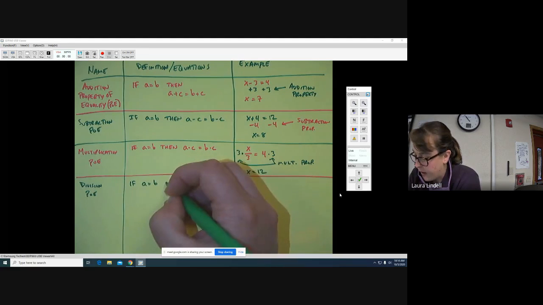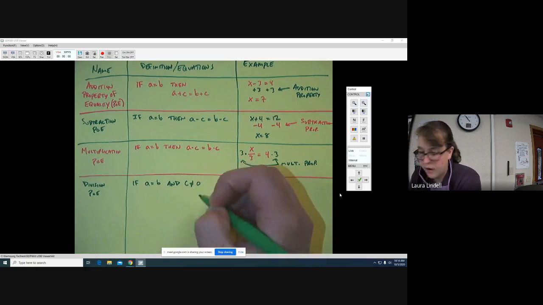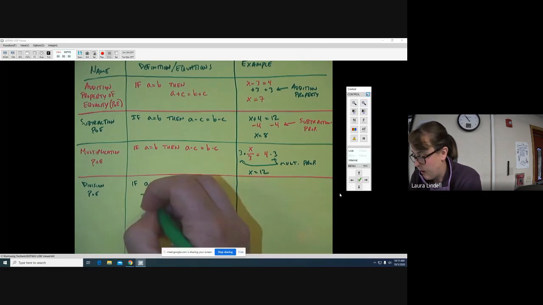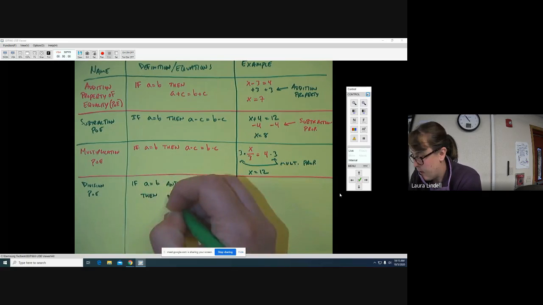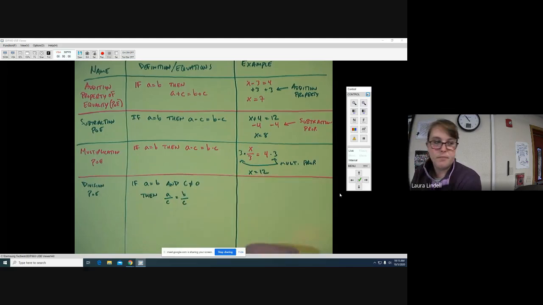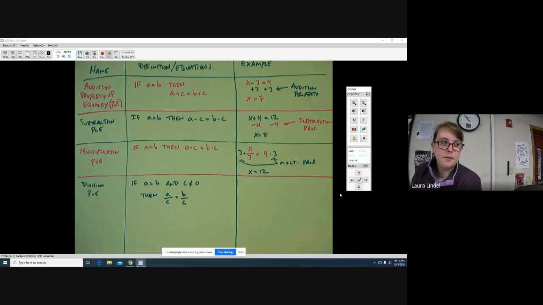There's this caveat, and C is not equal to 0. Then A divided by C equals B divided by C. And why can't C be 0? Anyone know? What would happen if C was 0? Can we do that?